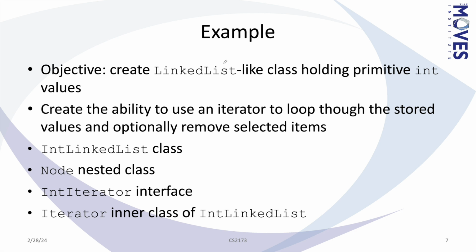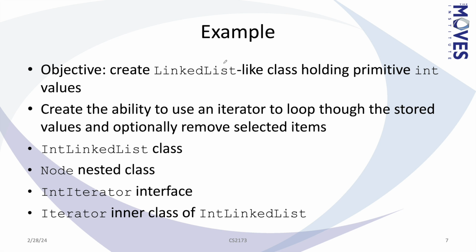It can look like I'm putting primitives in, but because of auto-boxing, it's actually wrapping it in an object and putting that object in there. Well, what if I want a linked list-like thing that holds primitive ints? Java won't do that for me, so I have to do it.